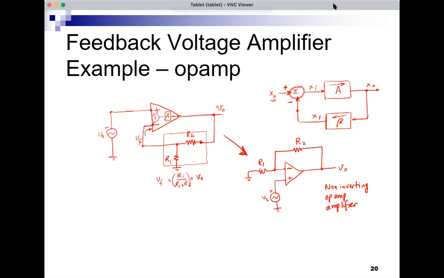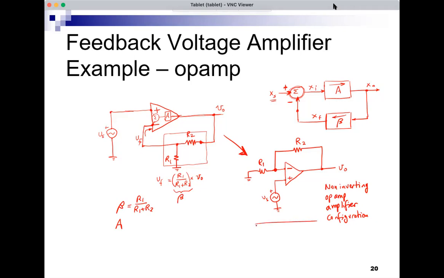So this non-inverting op amp amplifier configuration that we're familiar with is a very nice illustration of a feedback system. We did not analyze it as a feedback system, but now we can. Now we know how to do that. In fact, let's do that. And this is beta, R1 over R1 plus R2. The amplifier open loop gain is A. So would the feedback equation give me the correct answer?